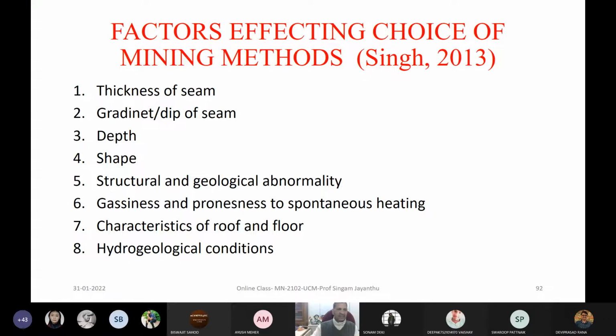Of course, those methods we will go into later, but this is a way how we can select and design innovative methods based on the site specific conditions. And then suppose it is moderately thick and almost vertical.